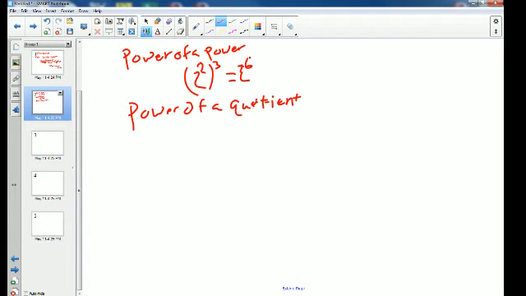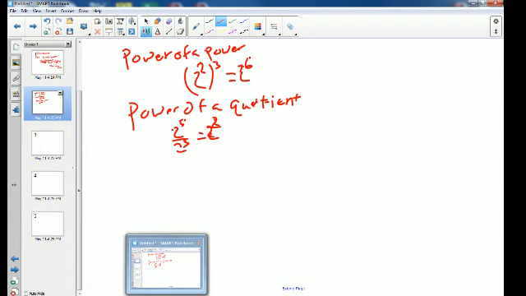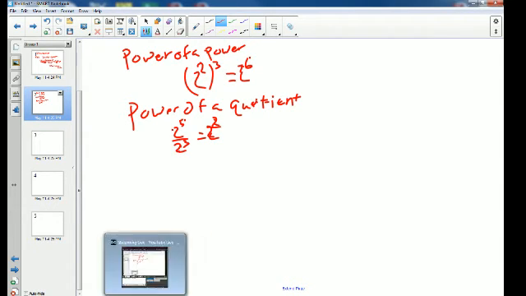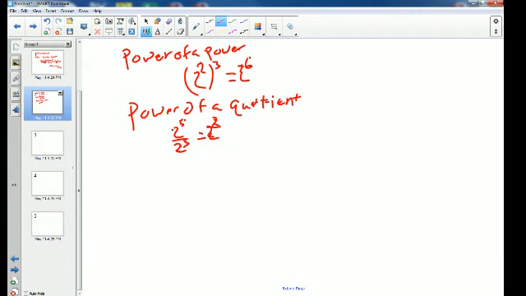So let's say we had 2 to the 5th over 2 to the 3rd. That equals 2 squared. That's right. Because when you divide two exponents, you subtract. So that's the same as saying 2 to the 5th minus 3.